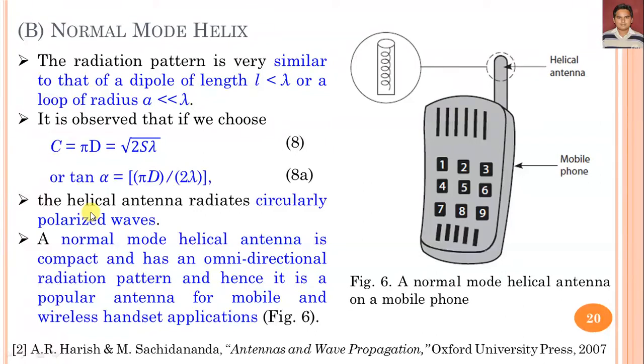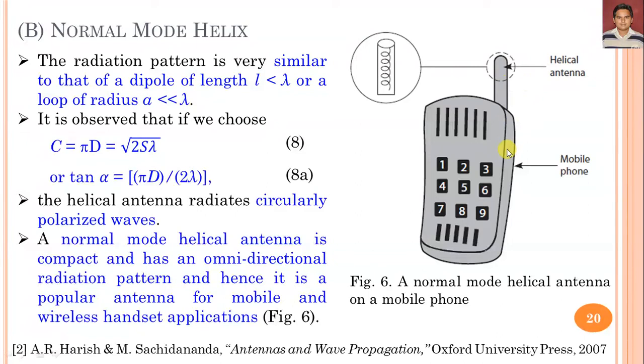So we can say the most popular and widely used helical antenna in a mobile communication system is a normal mode helical antenna, because it radiates a circularly polarized wave. Here you can see a normal mode helical antenna, and it is integrated on a mobile phone.